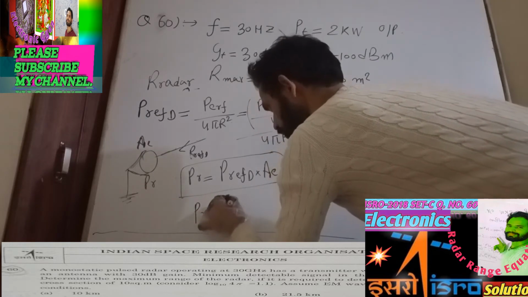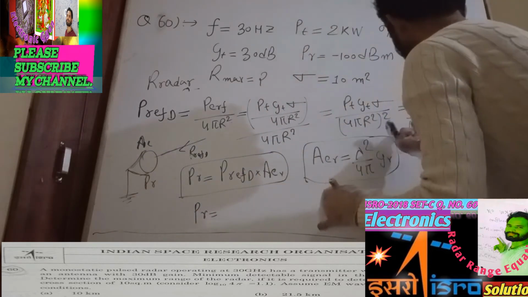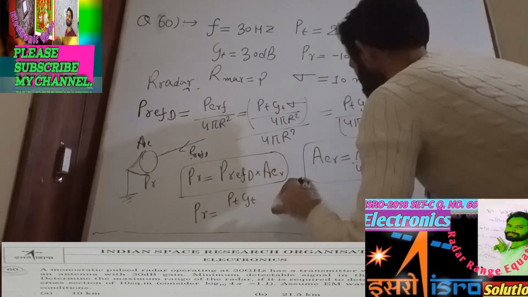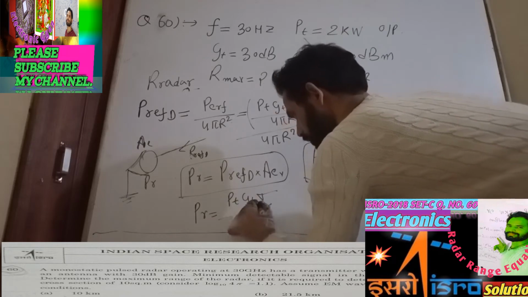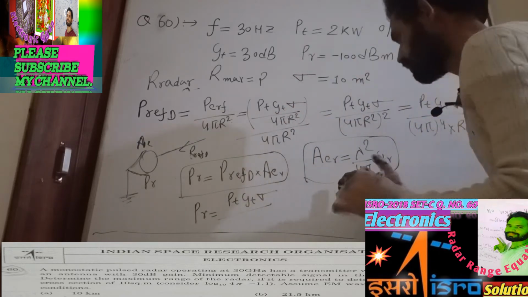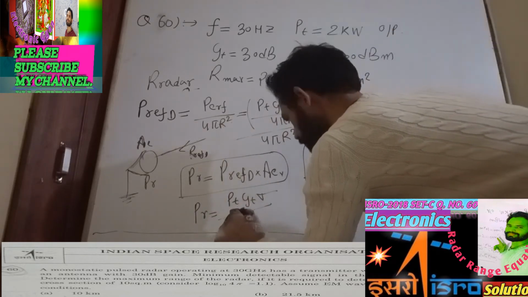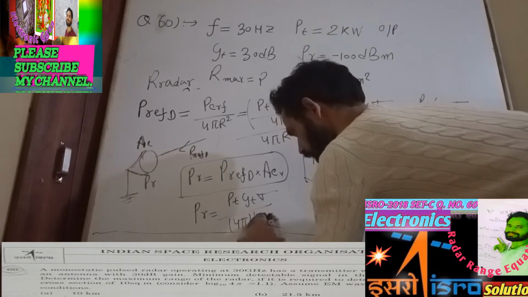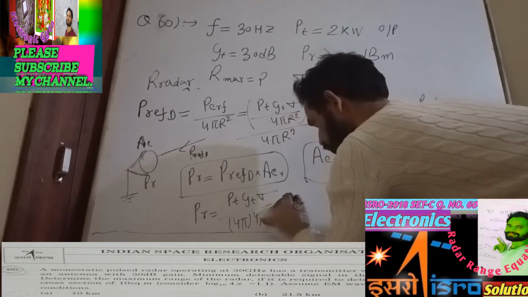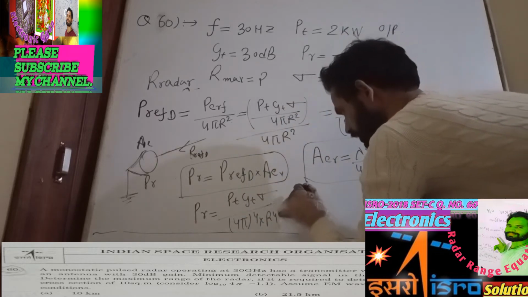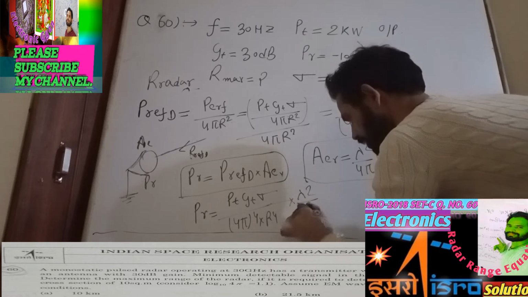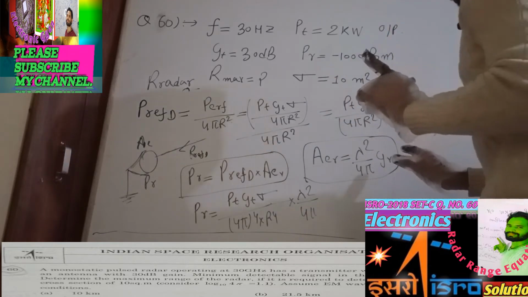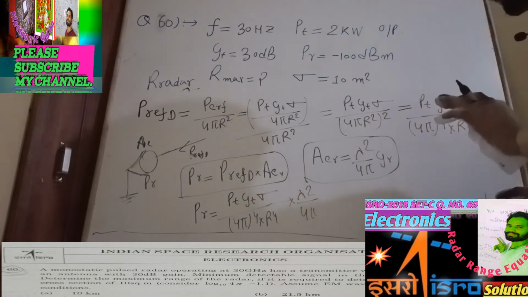P received power is equal to P reflected power density, which is Pt Gt sigma divided by (4 pi) to the power 4 into R to the power 4, into effective aperture area, which is lambda square divided by 4 pi.